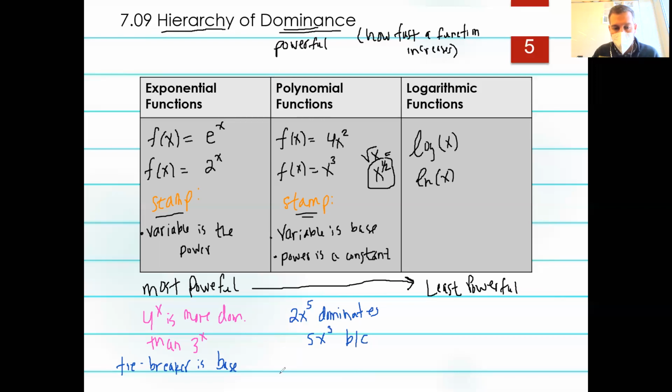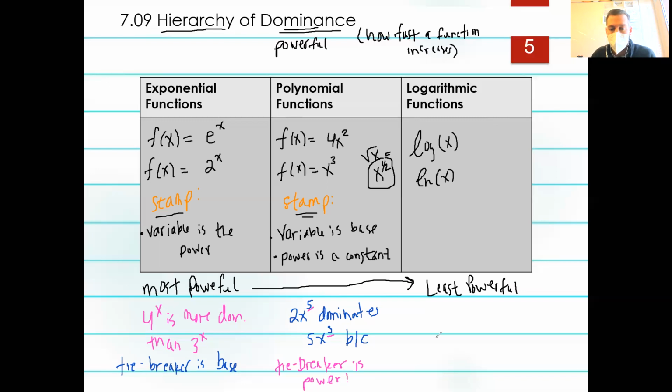We're just looking at those exponents. So if they're both polynomial, the tiebreaker is the exponent or the power. Okay, 5 is bigger than 3. With logarithms, we won't necessarily have to deal with tiebreakers. So this is how we establish what is more powerful.